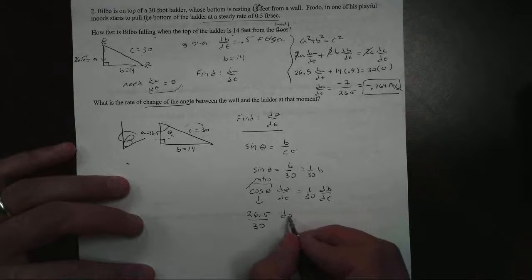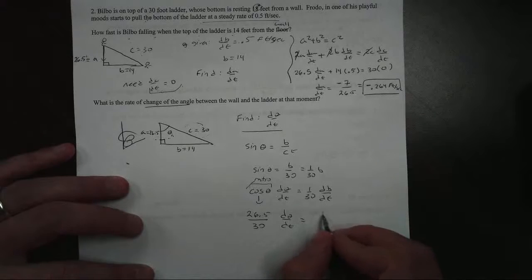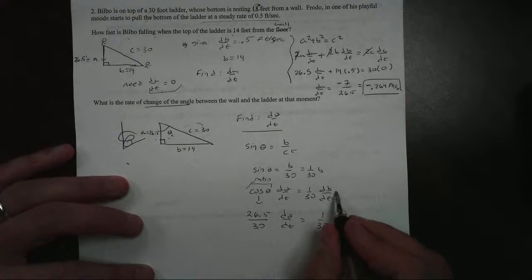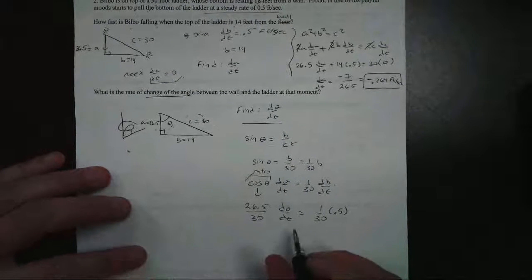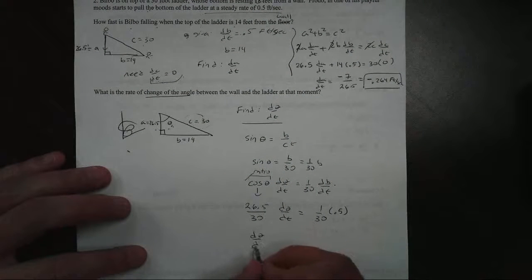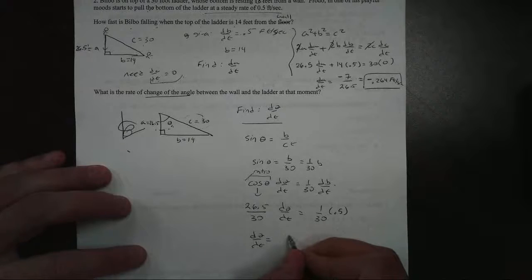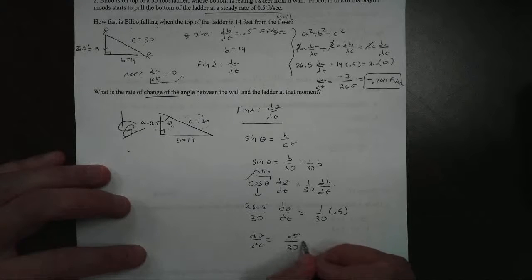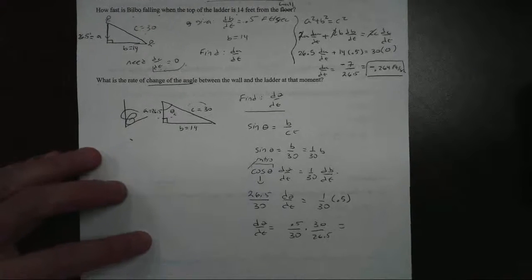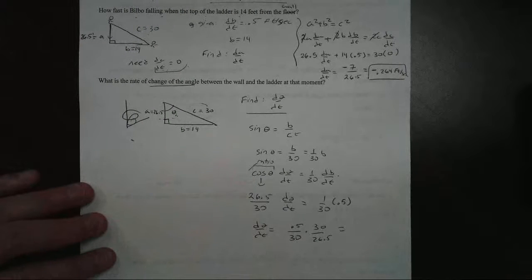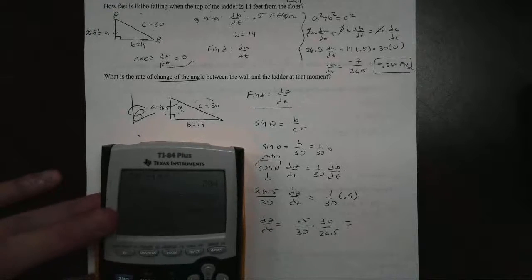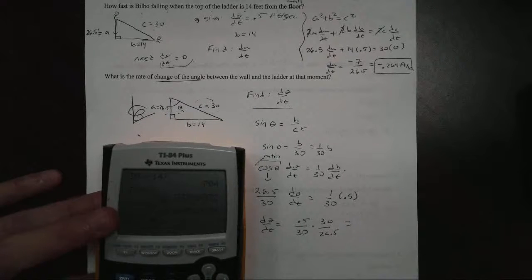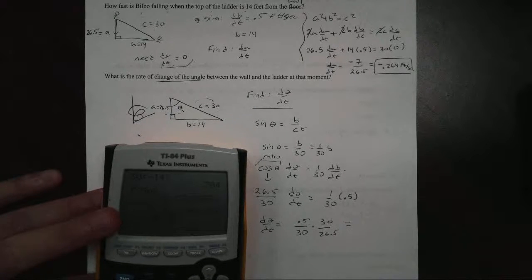So that's going to be multiplied by d theta dt equals 1 over 30 db dt. And that we already knew from earlier is 0.5. And now I can actually solve this without even needing a calculator. I get 0.5 over 30 times 30 over 26.5, and I can simplify that. 0.5 divided by 30 times 30 divided by 26.5.